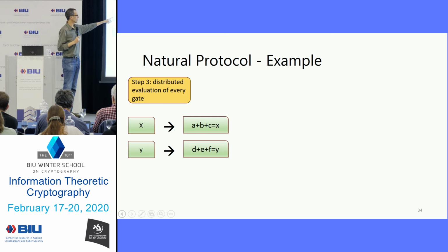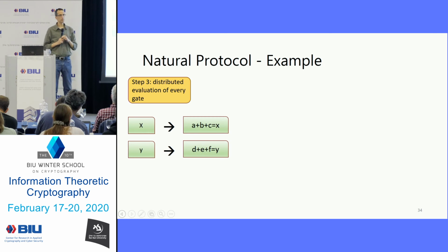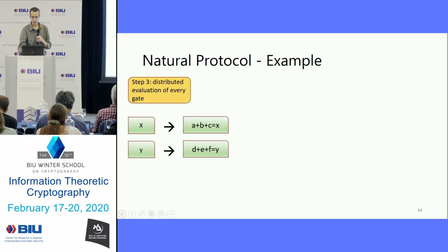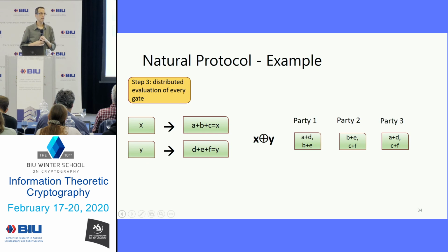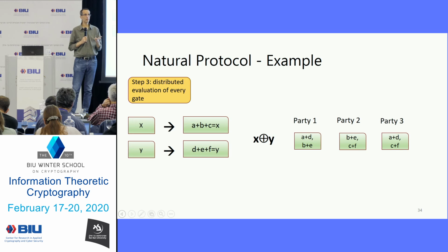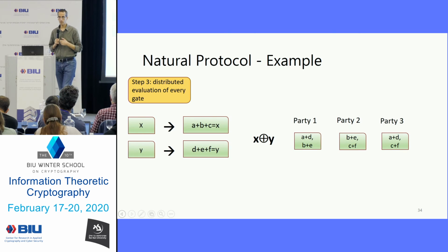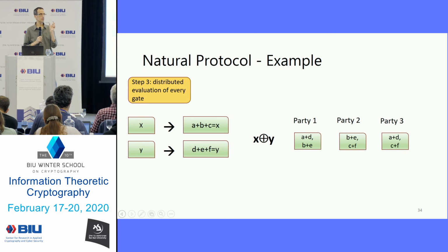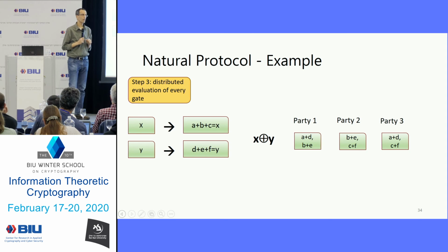We want to evaluate x plus y, where x is shared by A, B, and C, and y is shared by D, E, and F. Here's what each party does. Originally, before evaluating the gates, party 1 had A and B from x, and D and E from y. So it just adds them locally, A plus D and B plus E.